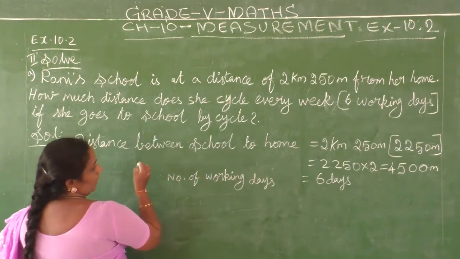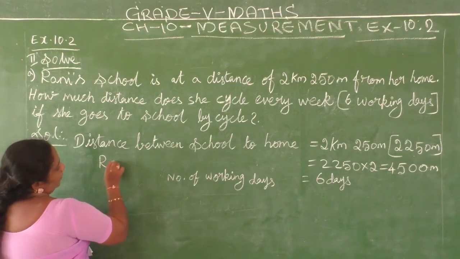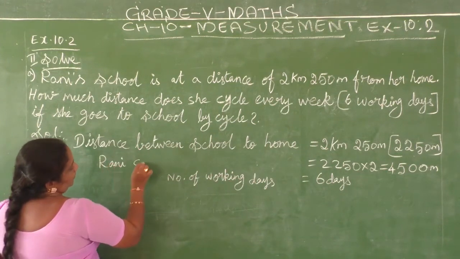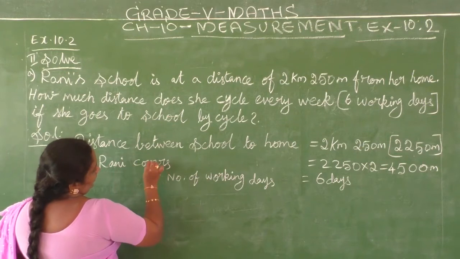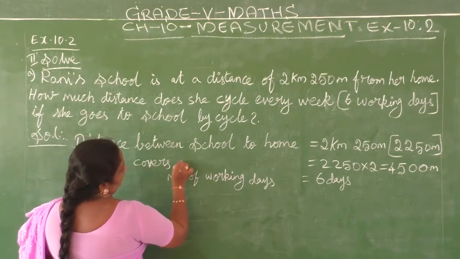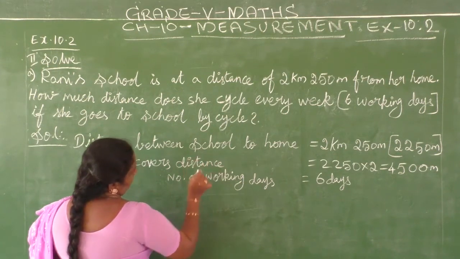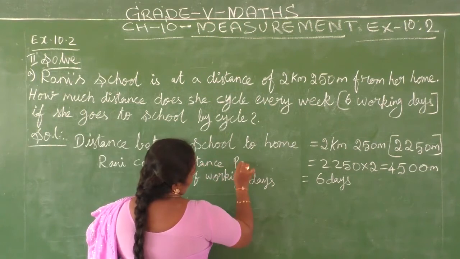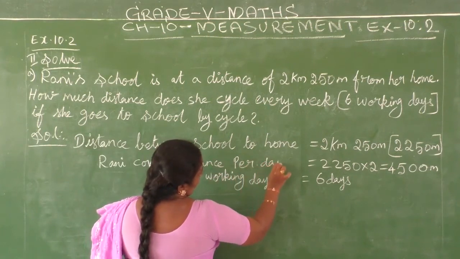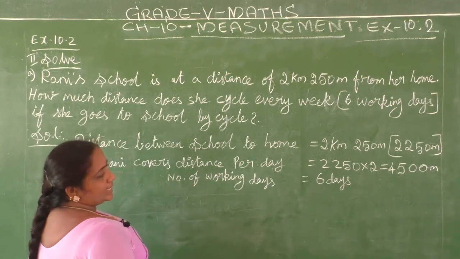This one we have to write as a sentence. Rani covers distance per day, per day means a day. One day she travels 4500 meter. The number of working days they gave is 6 days.